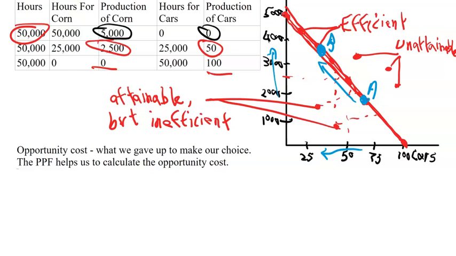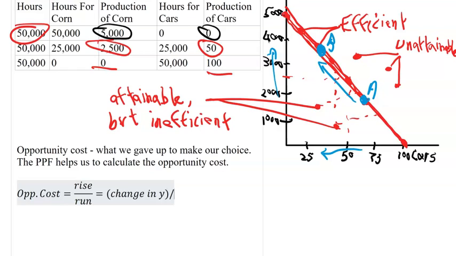So what we need here is the slope of the line. So opportunity cost equals the rise over the run. Or I can also write it's the change in y divided by the change in x.